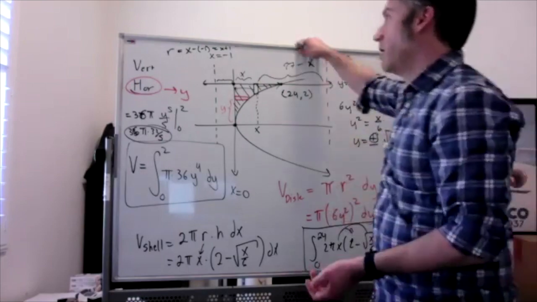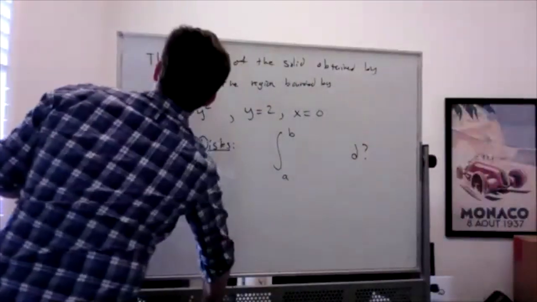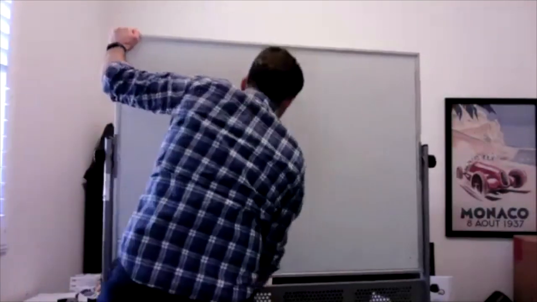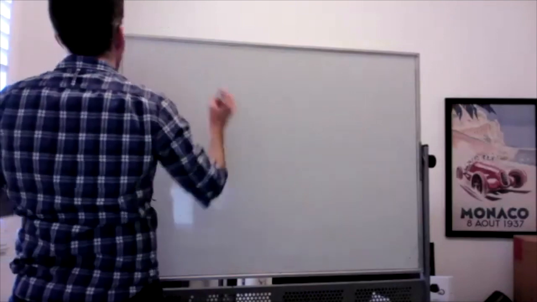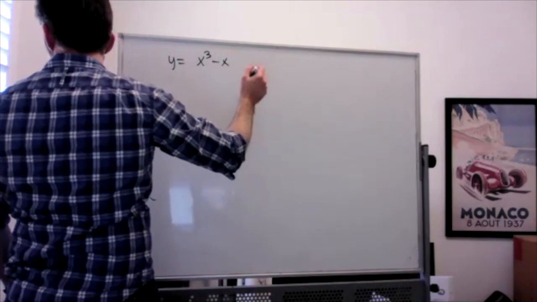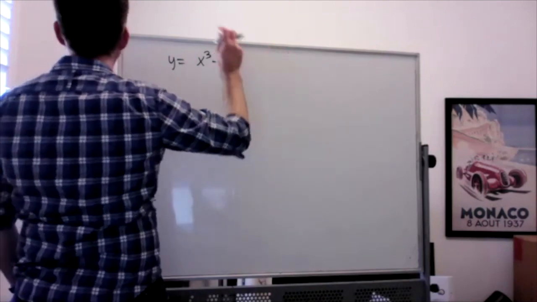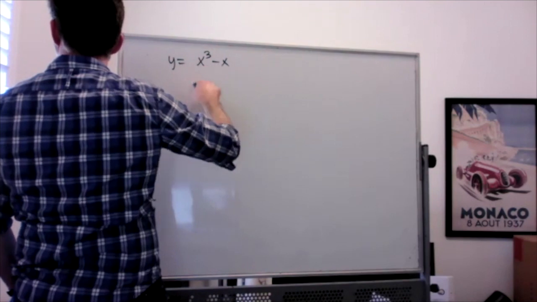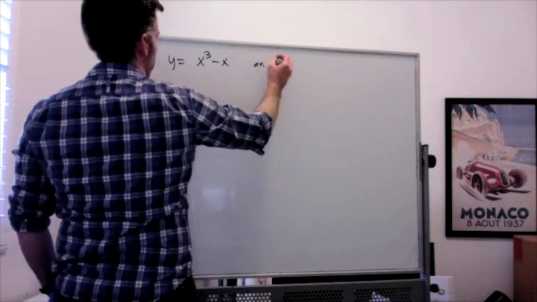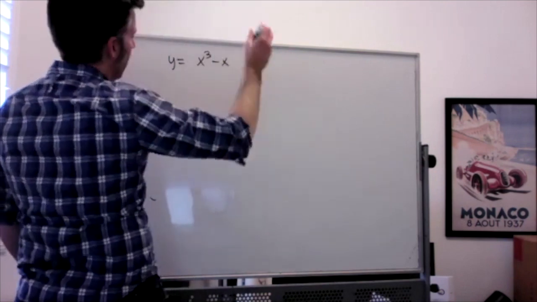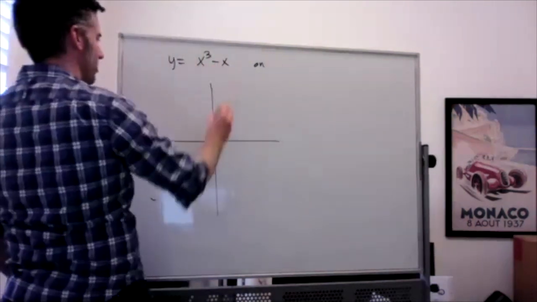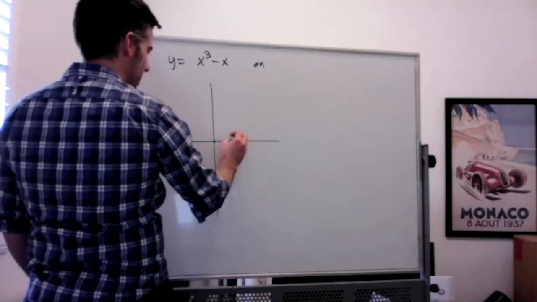Like for example, let's say I had the function y equals x cubed minus x. I'm just going to try to make this simple. y equals x cubed minus x has intercepts at -1, 0, and 1.